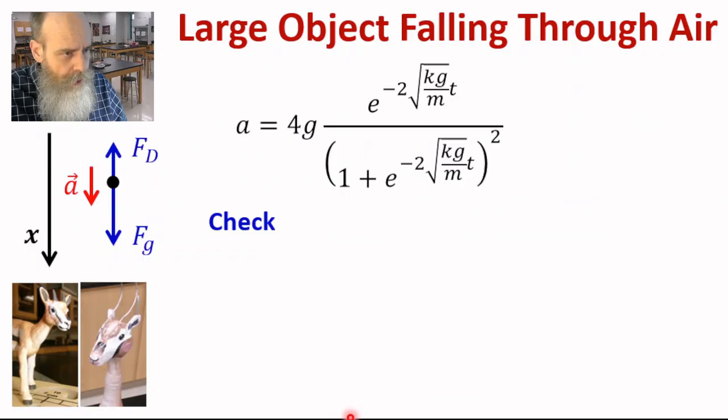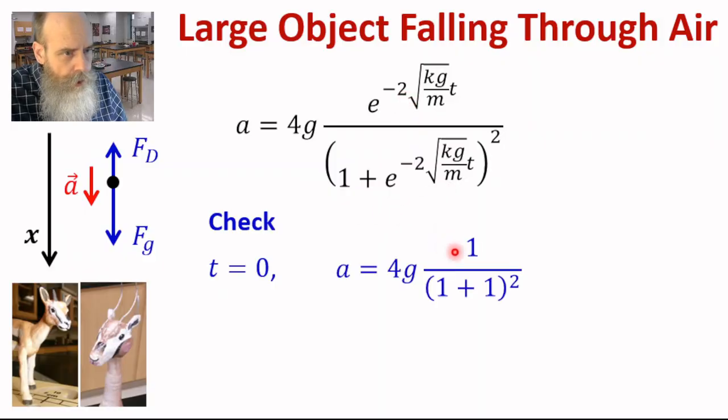Let's check this solution. When t equals 0, the exponential functions are equal to 1. So we get 1 over 1 plus 1 squared. So 4g times 1 over 1 plus 1 squared. 1 plus 1 squared is 4, so we get g. That's what we expect. When t equals 0, a equals g. At t equals 0, the drag force is 0 because velocity is 0, so we only have the force of gravity acting.